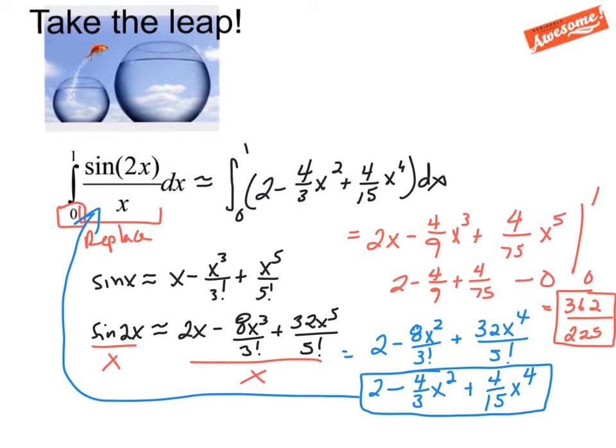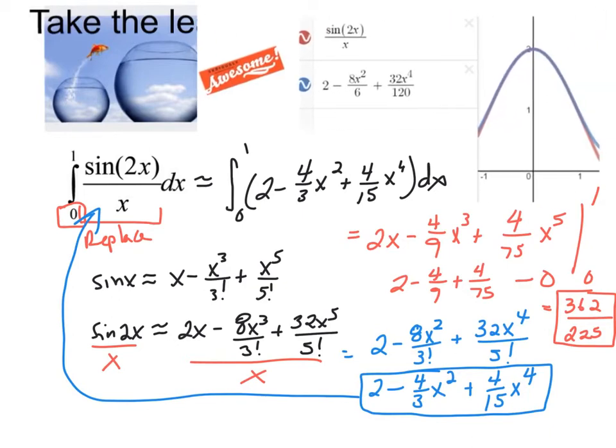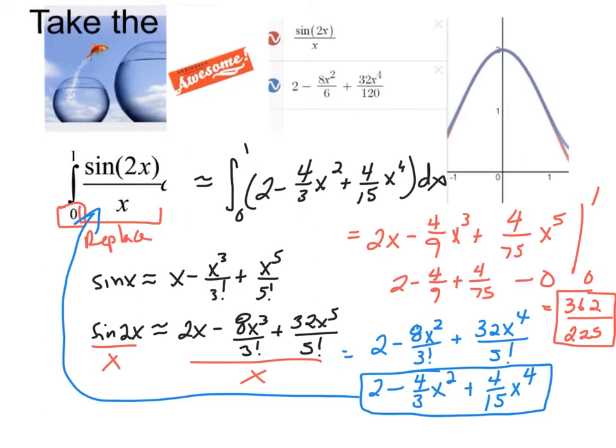And I'm going to drag this in to just show how close they are from 0 to 1. You can see my original graph is in red. You can see that the approximation that I made, and I didn't even reduce it here, is in blue. And you can see from 0 to 1, they are slightly different at the end, but of course it was Maclaurin, so they're perfect at 0. If I'd added one more term, I would have gotten even better.